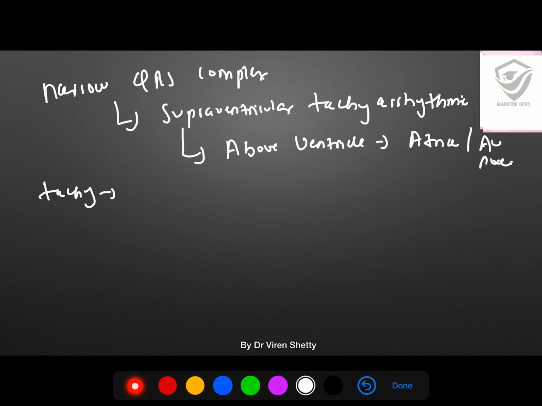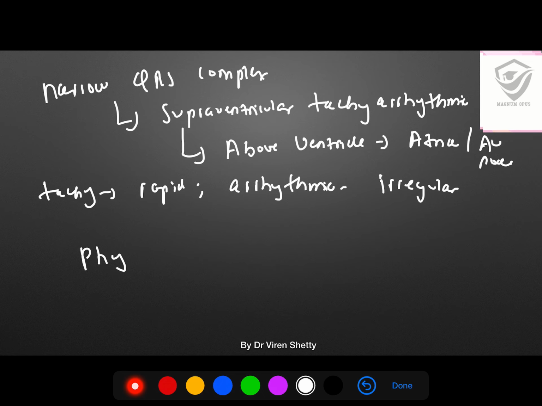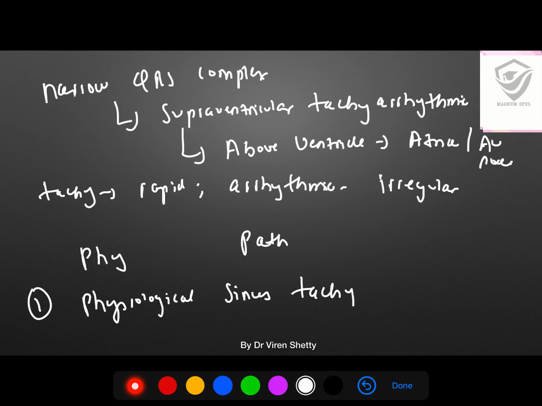Tachy means rapid, and arrhythmia means irregular. This supraventricular tachyarrhythmia may be physiological or it may be pathological. We'll talk about the physiological one first, that is physiological sinus tachycardia.